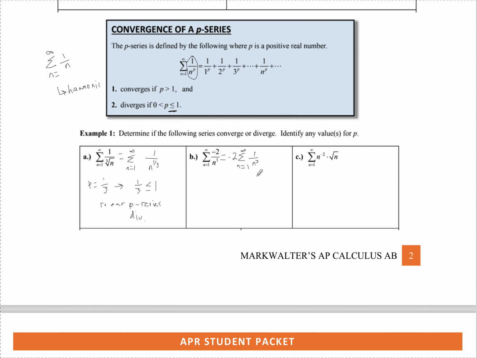So what is 1 over n cubed? Oh wait, that's a p-series, so p equals 3. If p equals 3, therefore this series converges. I'm going to write everything out. It converges because it's a p-series with p equals 3, or p is greater than 1, I'm sorry.